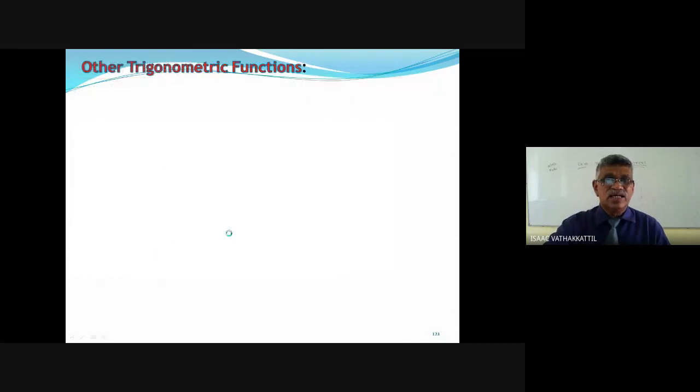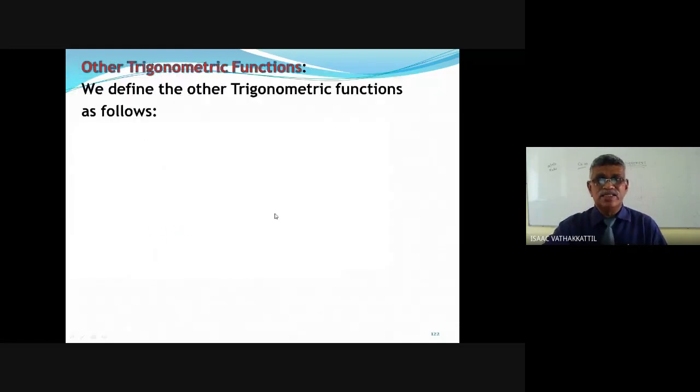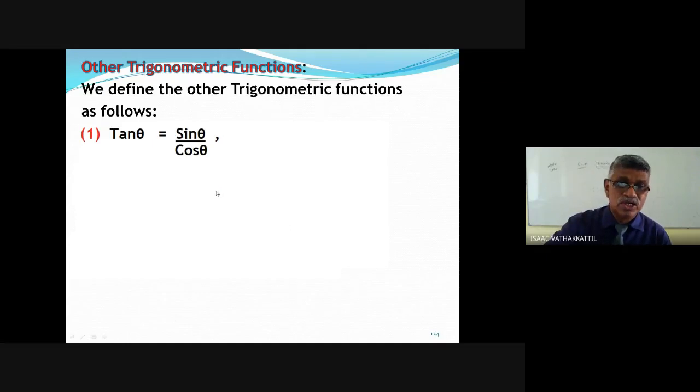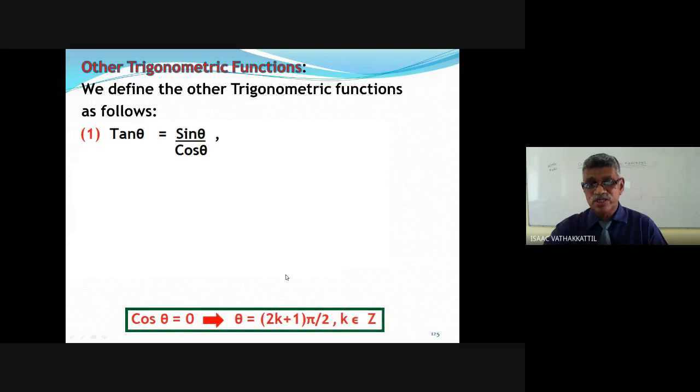Alright? Now we define the other trigonometric functions as follows. Tan theta we simply define as sin theta by cos theta, but make sure the denominator is not 0. When is cos theta 0? Theta is (2k plus 1) pi by 2.